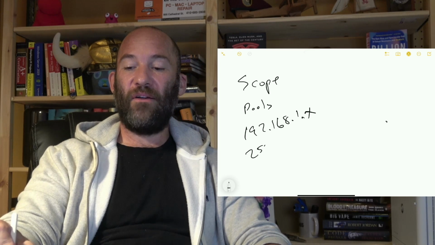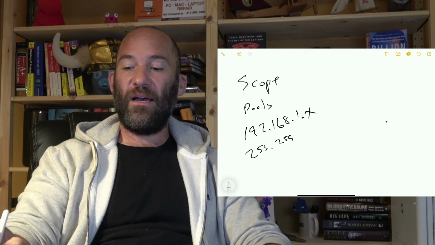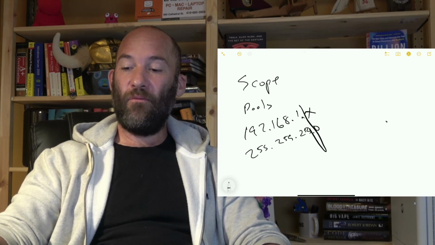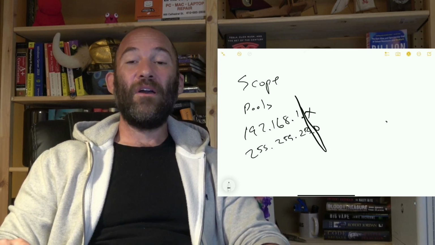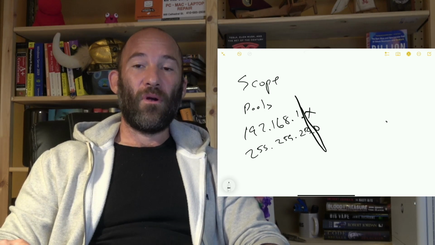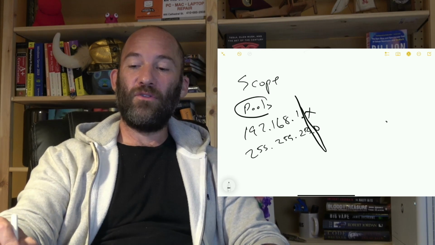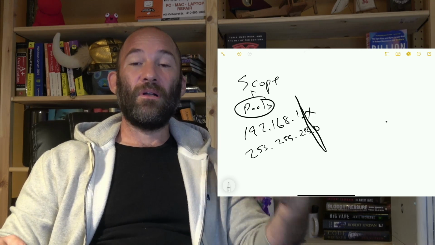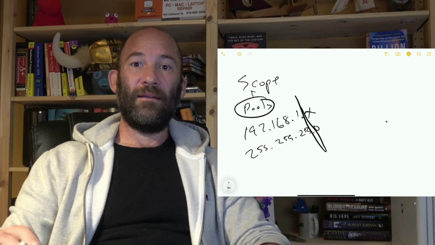This would have a 255.255.255.0 subnet. Right here, basically we have up to 254 addresses that we can put into a pool. That's part of the scope that can be assigned to clients that connect and need a DHCP address.